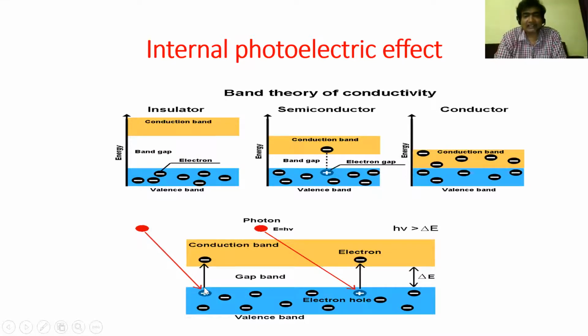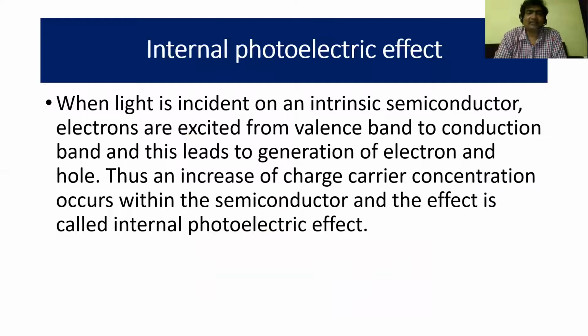When light falls on the valence band of an intrinsic semiconductor, it breaks the covalent bond of an electron, so that the electron jumps from the valence band to the conduction band and forms an electron-hole pair. If a large number of photons fall on the intrinsic semiconductor, it creates a large number of holes in the valence band and a large number of electrons in the conduction band. This effect is called the internal photoelectric effect.